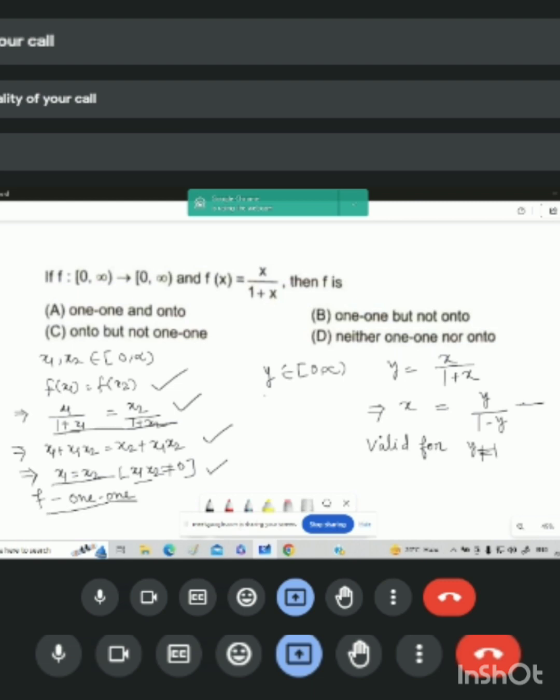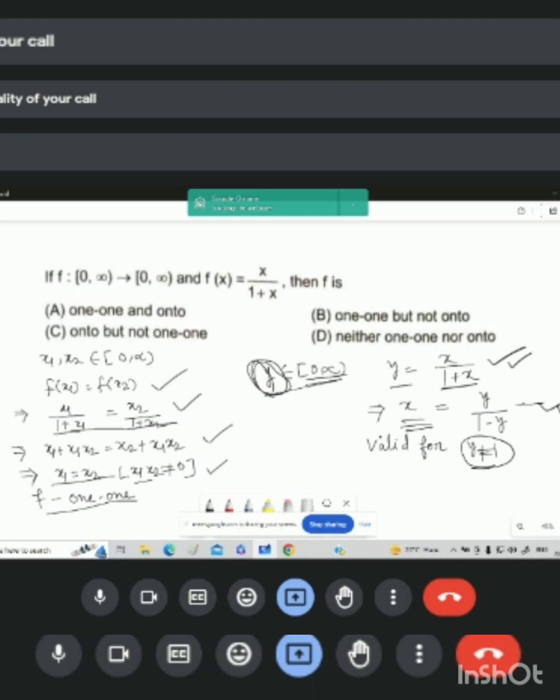And to test onto, I have taken any arbitrary element y from the codomain set 0 to infinity, and y equals x divided by 1 plus x implies x equals this, and this is valid for y not equal to 1, because if y equals 1, then x will be undefined.